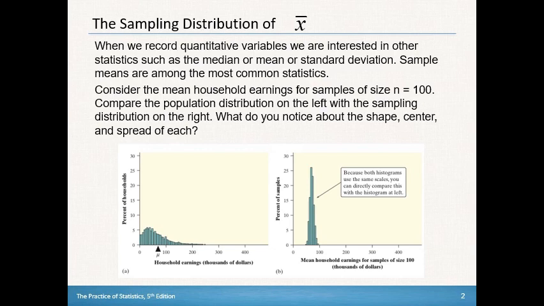So it's a population distribution of household earnings or household incomes. And of course, that's in thousands of dollars. So you can see that that is definitely skewed to the right, which makes sense. We get people, Bill Gates or whoever has incomes way out here, but there's not very many of those. And so that ends up skewing the data to the right.